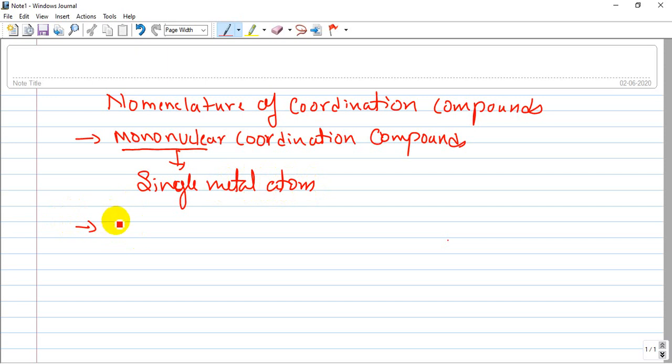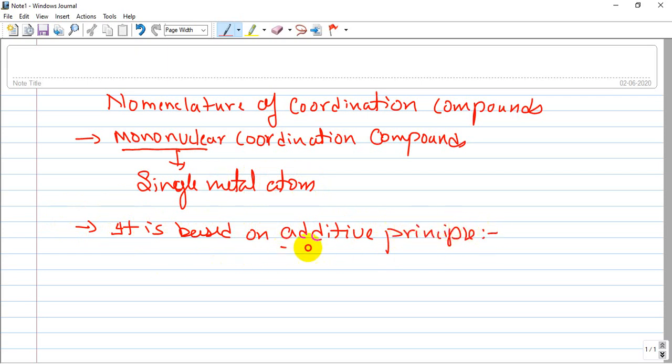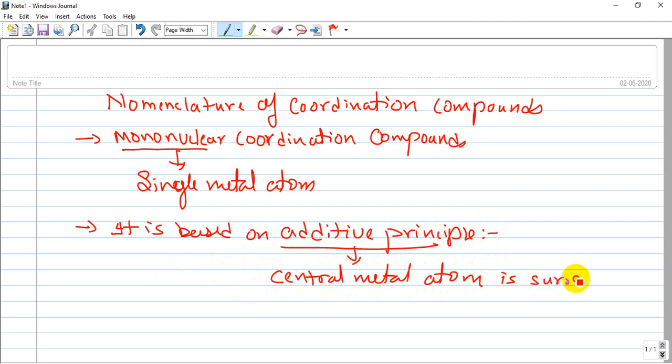The nomenclature is basically based on the additive principle. The additive principle is when the central metal atom is surrounded with ligands.